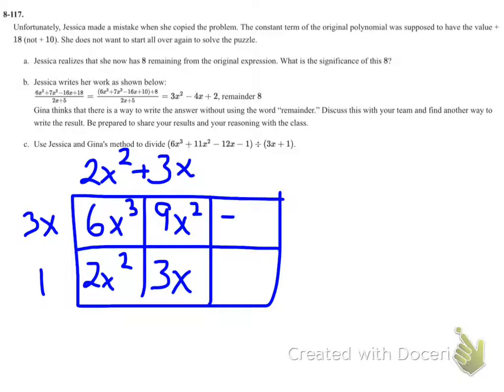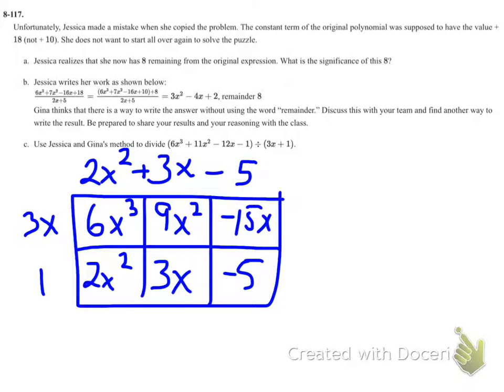That means it has to be a negative 15x here, which means up top has to be minus 5. Negative 5 times 1 gives me a negative 5 here.